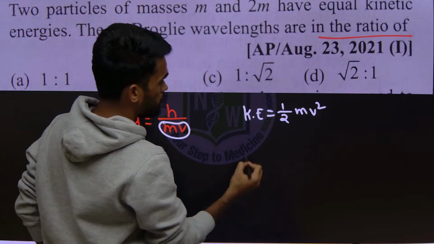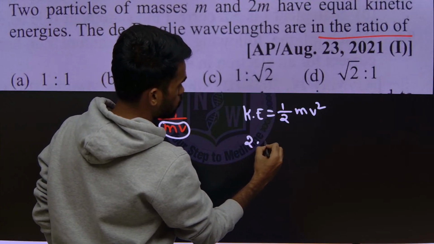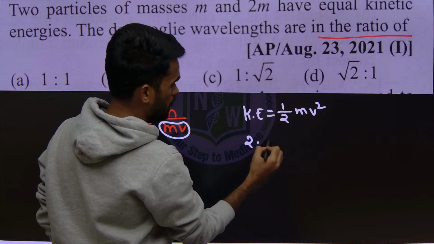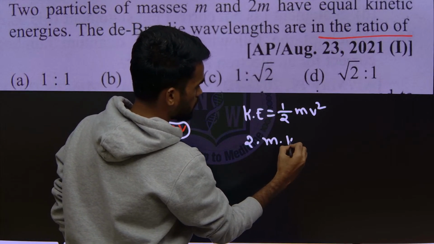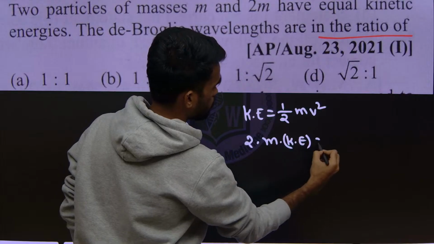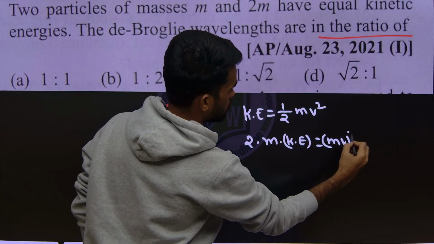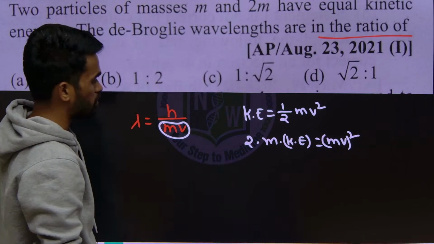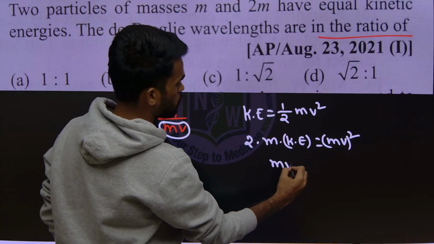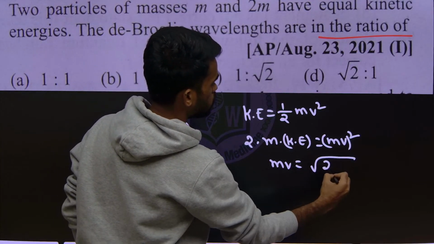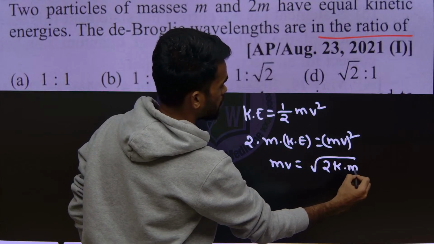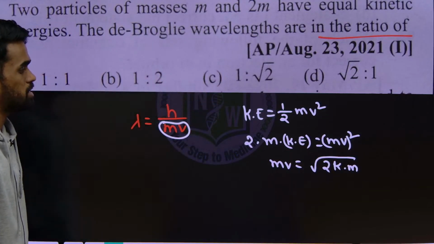So what I can make here, I am multiplying both sides with 2 into mass, so 2 m into kinetic energy will be equal to mv whole square, right? So mv whole square we got here. So mv will be equal to root over 2Km, where K represents kinetic energy, m is the mass.